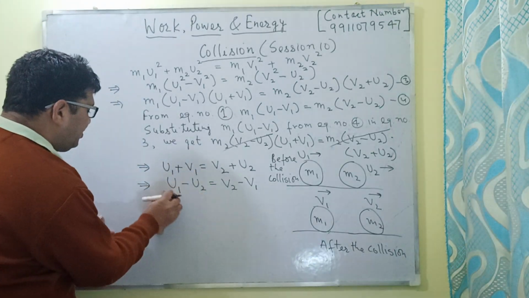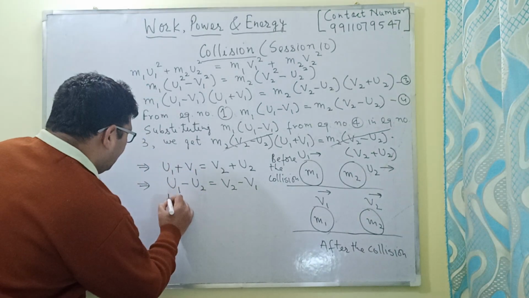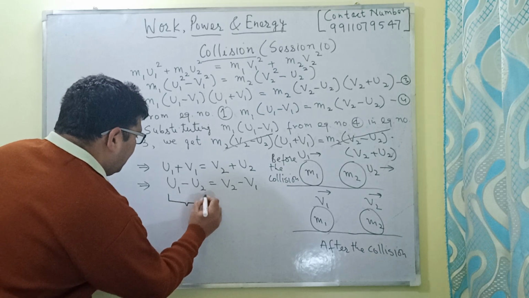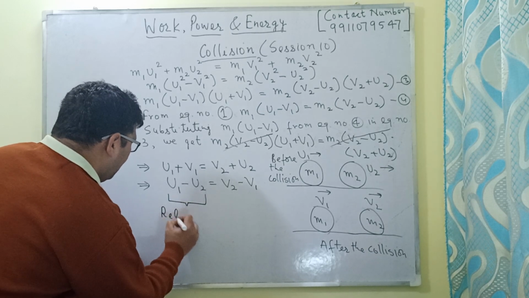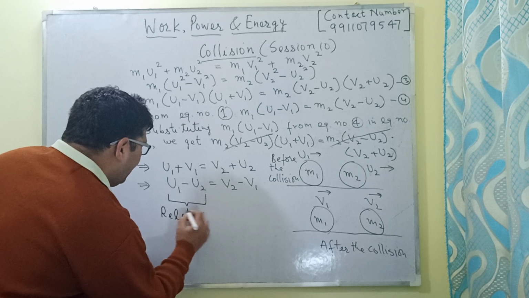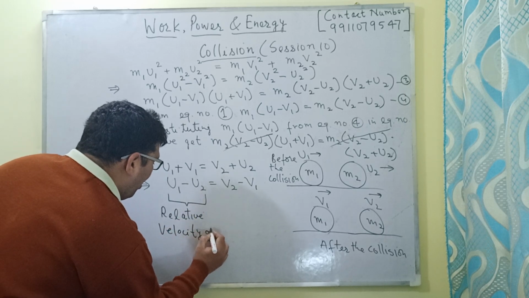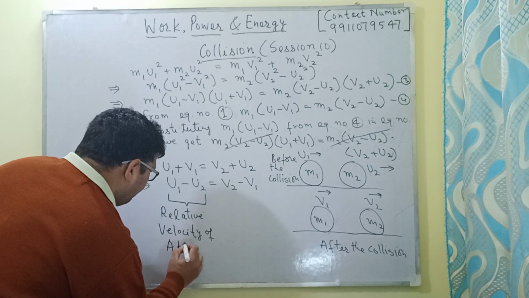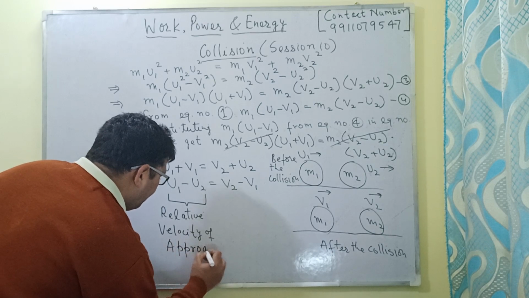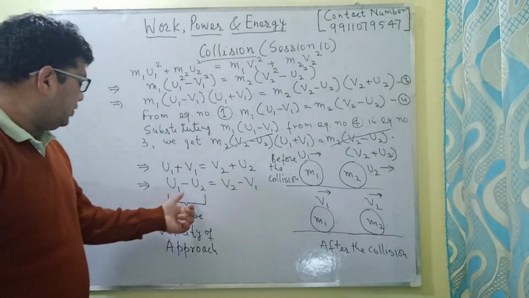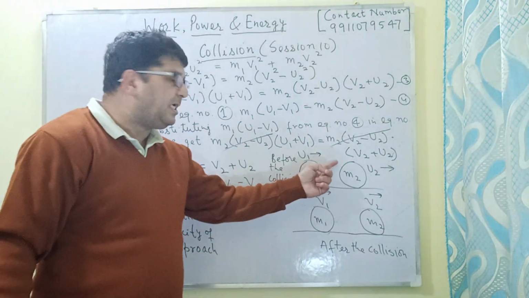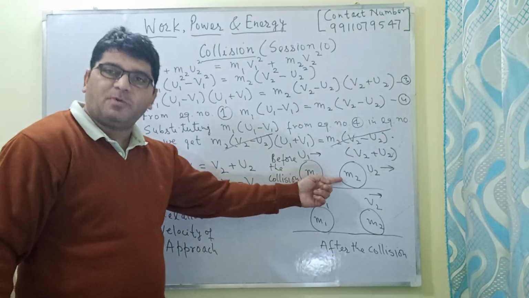So u1 minus u2 is what? This is the relative velocity of approach. So u1 minus u2 becomes the relative velocity of approach of these two bodies.